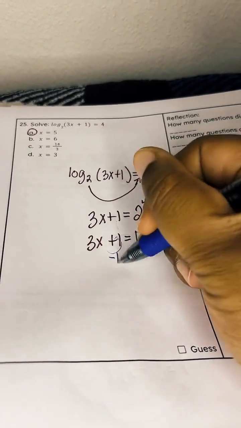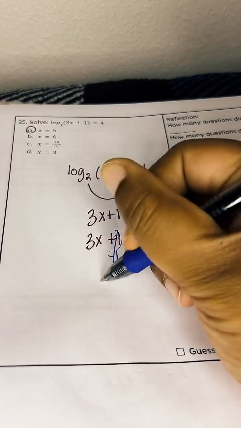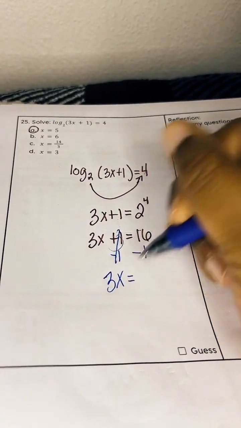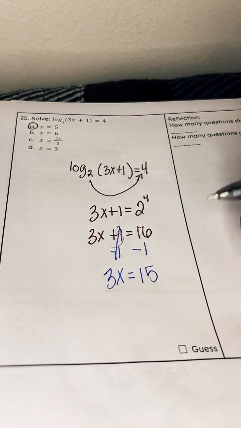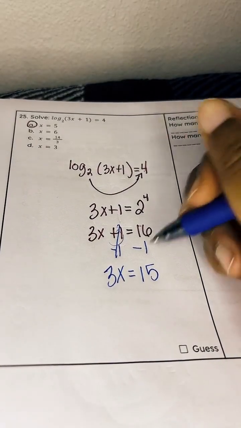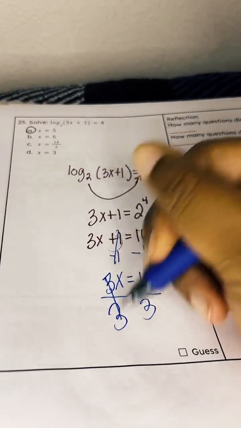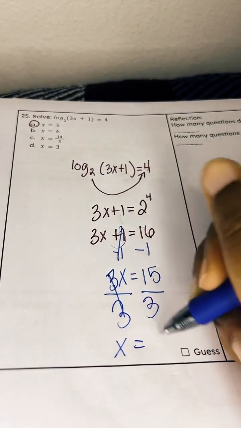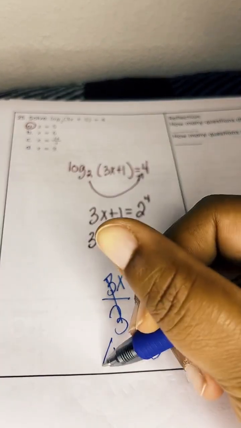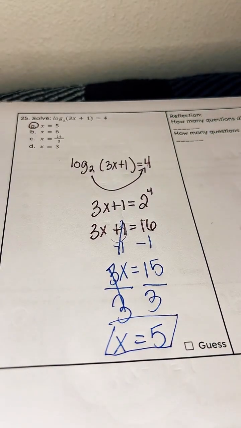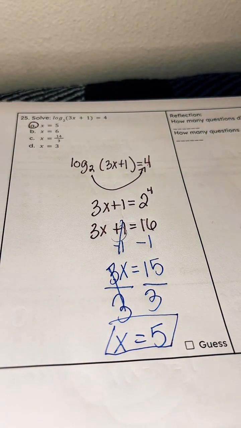Minus 1 to both sides. Perfect. Now that we have 3x by itself, we for sure can divide. Divide by 3. And like Jumpy Jan said, x equals 5. Wonderful. Great, you guys.